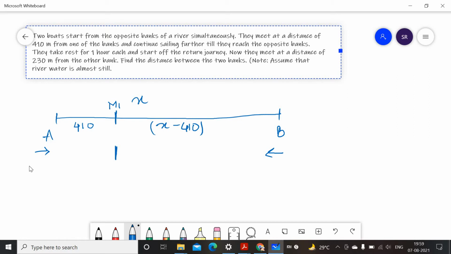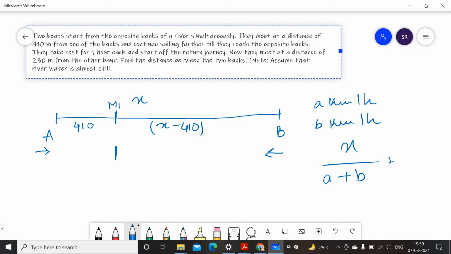So basically we have two ways of solving this sum. First of all, we can assume speed of A as A kilometer per hour, speed of B as B kilometer per hour. Then we make equations like total distance x by A plus B equals time.